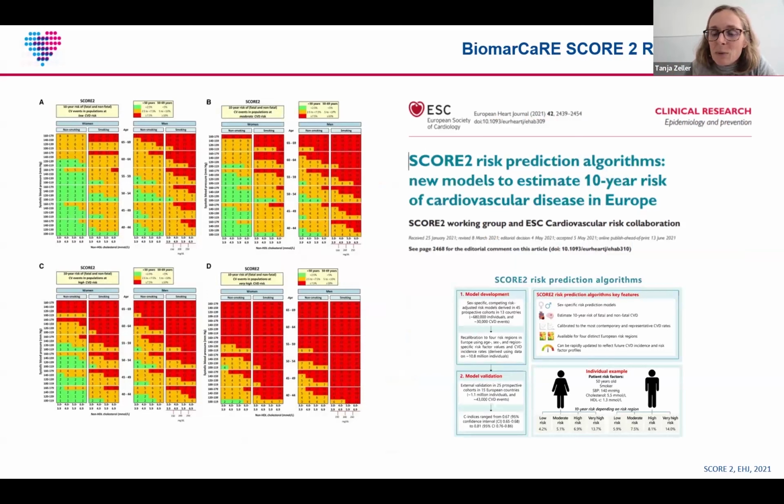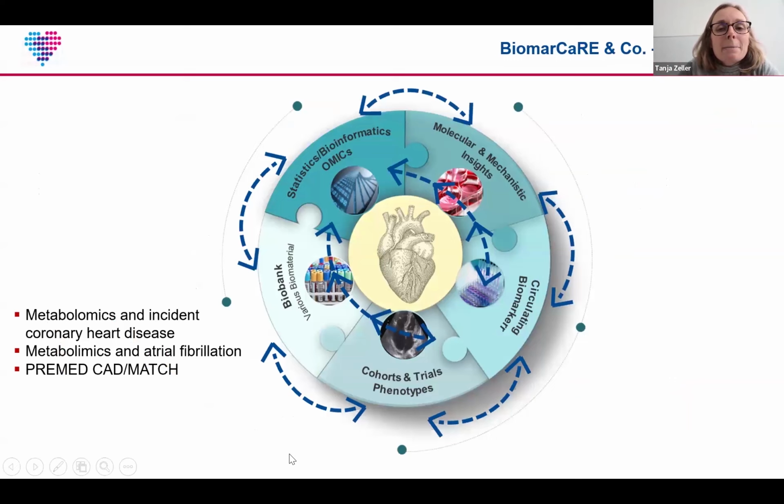And that was something quite nice because I never had imagined at the beginning of the project that just by measuring and having all these data we would be able to have something which is really applicable across Europe. So now I would like to give you some examples of what we did with our metabolomics analysis.